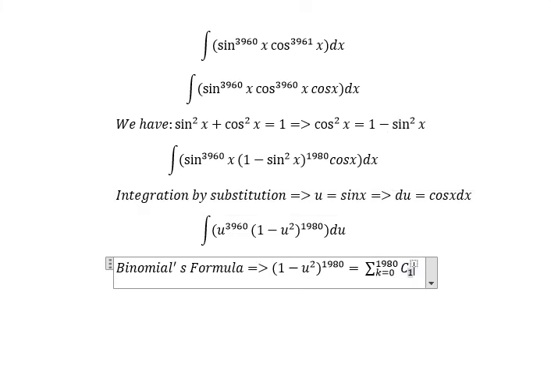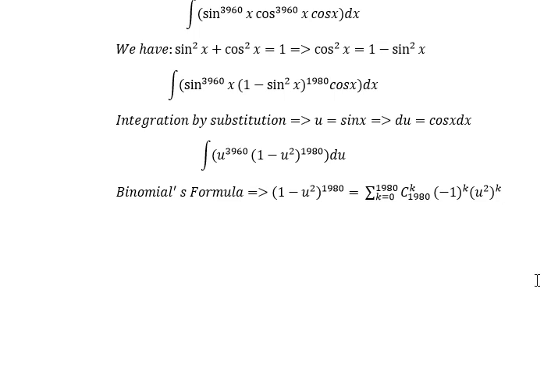So that's about 1980, and we have k. Then we multiply with minus 1 to the power of k, and we have u squared to the power of k. Minus 1 here is from the negative sign next to the u squared.